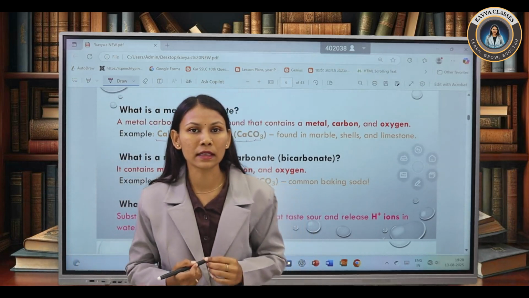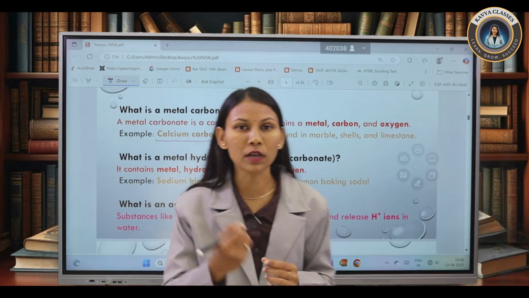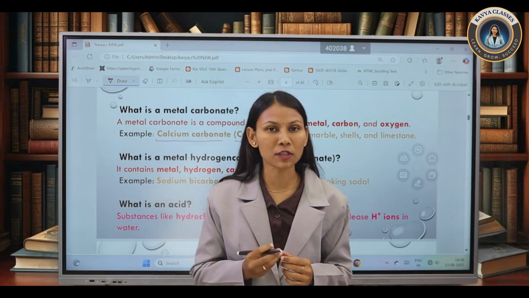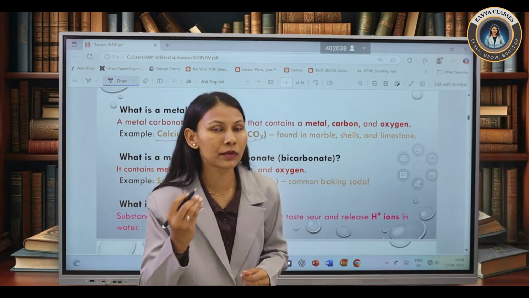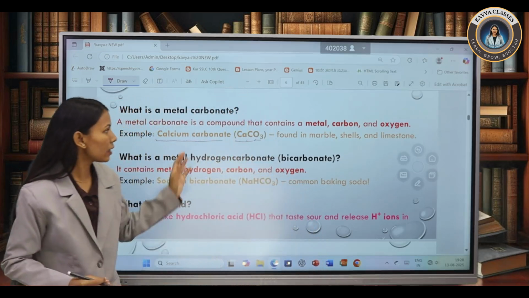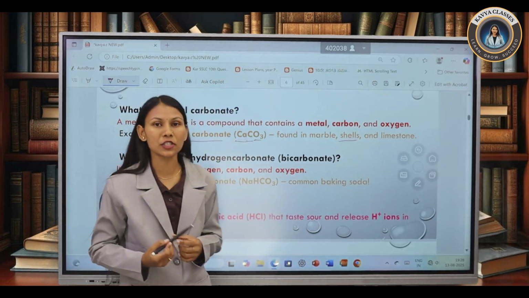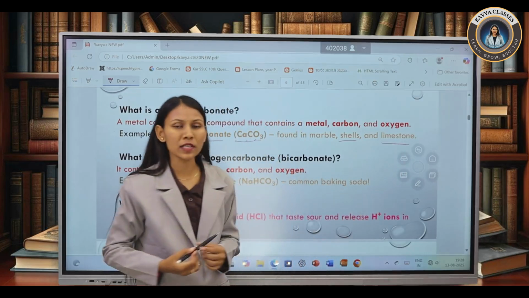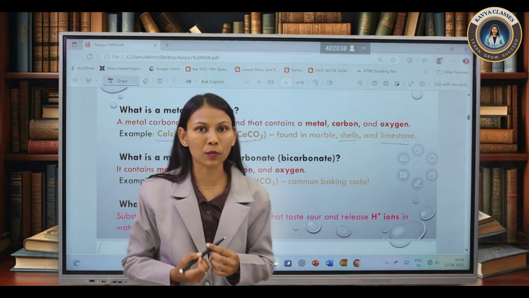We can find it in marble stones, as you heard, the Taj Mahal. That Taj Mahal is built with marble stones which have calcium carbonate in it. Again, we can see this calcium carbonate in the shells, that is sea shells. It is also found in limestone. These are the best examples where we can get metal carbonate or calcium carbonate.